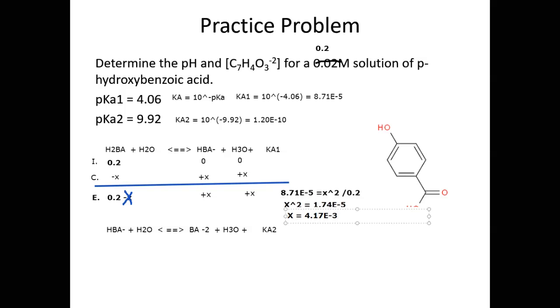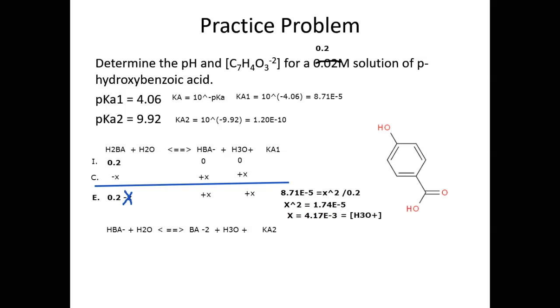And if you check this with your 5% rule, you'll see that it works. It's only about 2% ionized. So that's okay. And again, this equals the hydronium ion concentration.